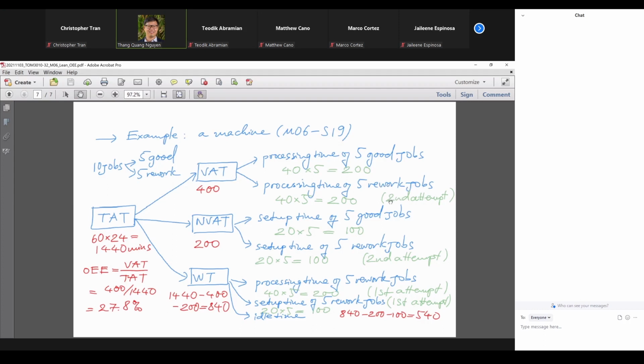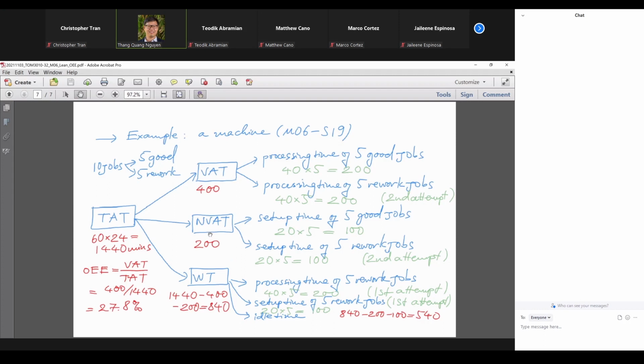But remember, we fail in the first attempt, so we only list the second attempt here, right? Only the second attempt is included in the value added time. So 5 jobs, 40 minutes each. We just multiply them. That's 200 minutes, right? So in total, the value added time is 200 plus another 200.